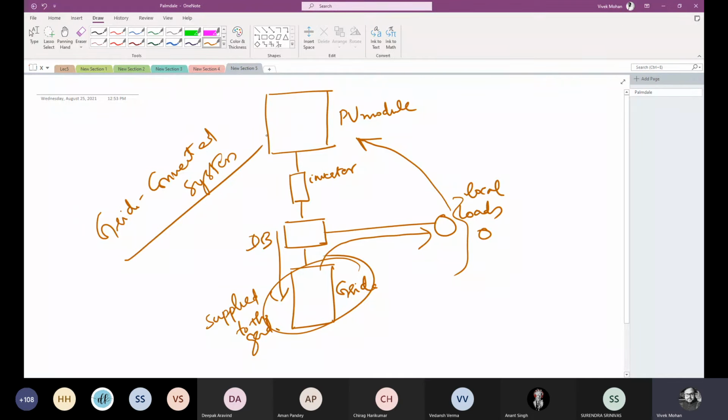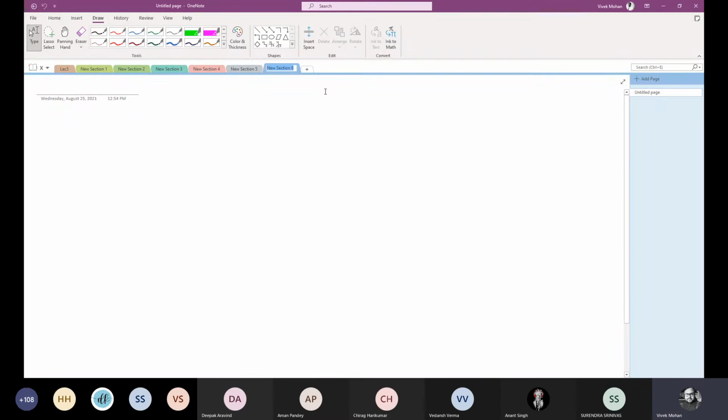And the third one is a hybrid system. What is a hybrid system? In a hybrid system, in addition to the solar PV module, we will have some other source also. So it's a combination of PV and another complementary method of electricity generation. It can be diesel or gas or wind or whatever.